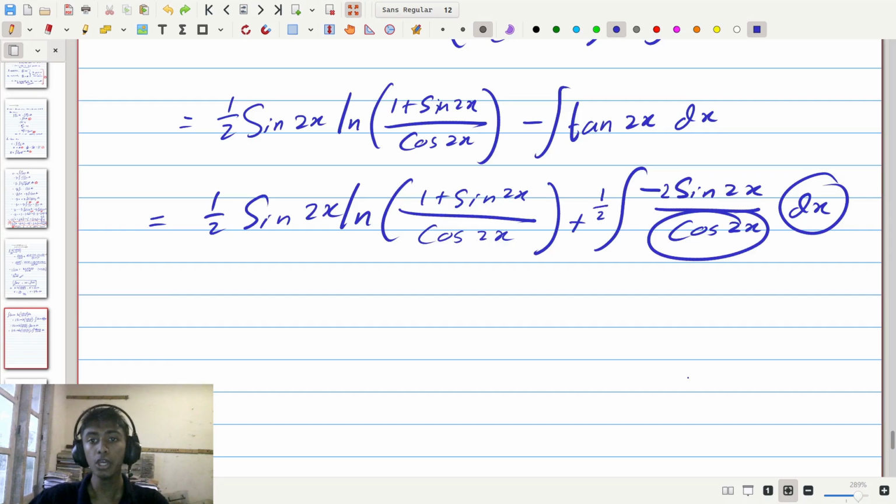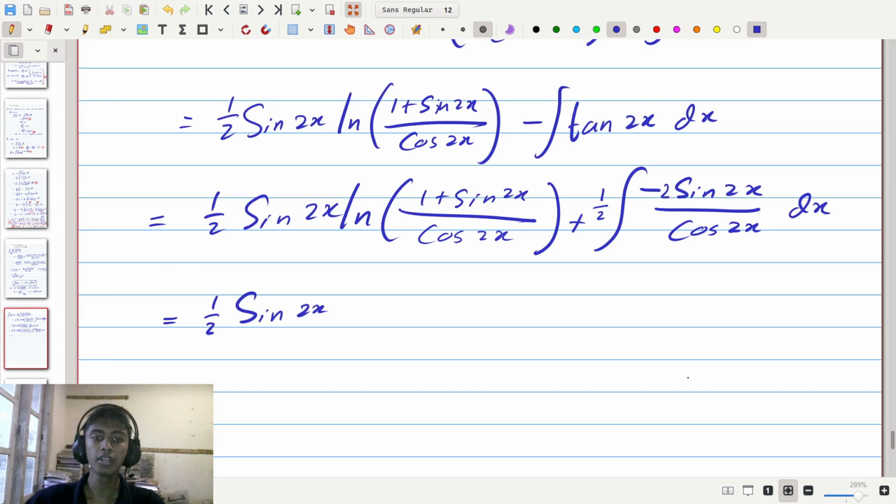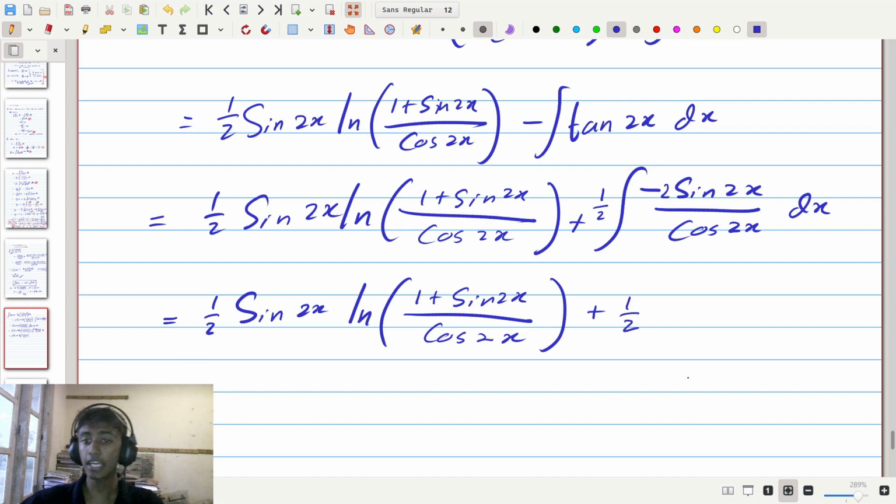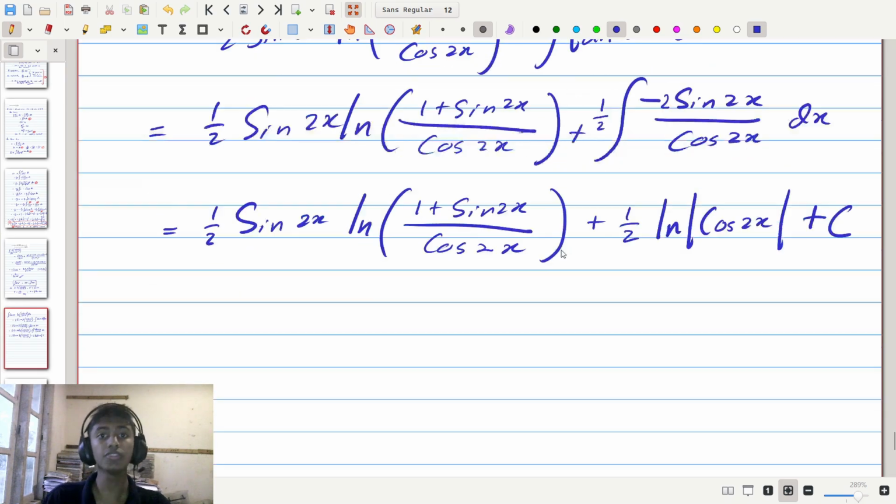So now we can see we have a half times the natural logarithm of the function, which in this case is cosine of 2x, which will give us a final answer of 1/2 times sine 2x times the natural logarithm of (1 plus sine 2x) divided by cos 2x, and the rest is going to be a half times the natural logarithm of the denominator function here, which is going to be the natural logarithm of the absolute value of cosine of 2x, and of course at the very end we cannot forget the constant of integration plus c, since this right here is not a definite integral.